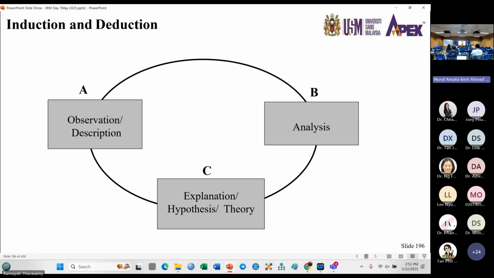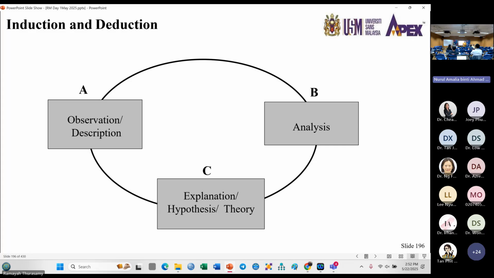Let's say we switch on the light, and the light does not come on. What is your explanation? Okay, the switch. But you repair the switch, still no light.